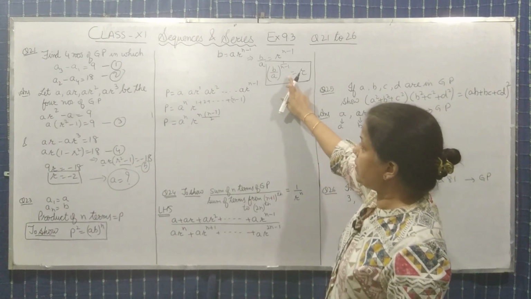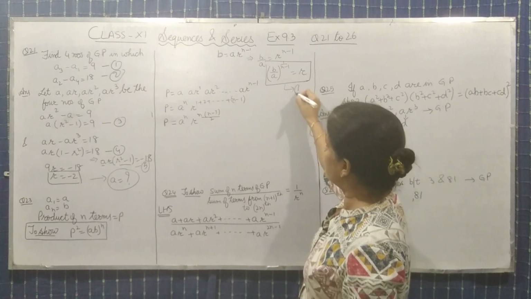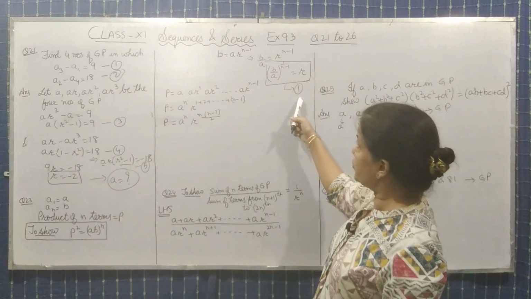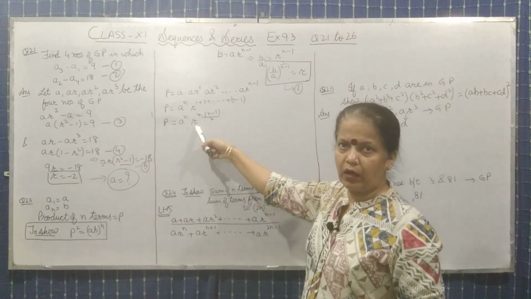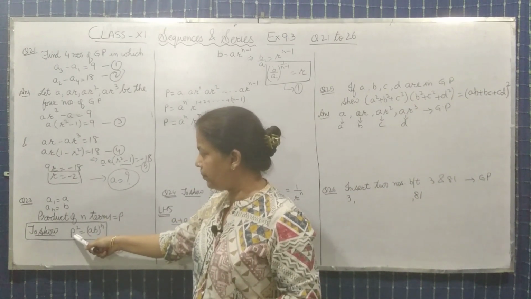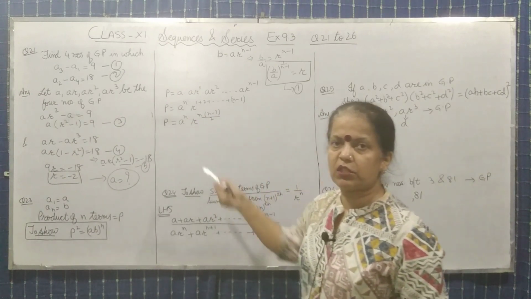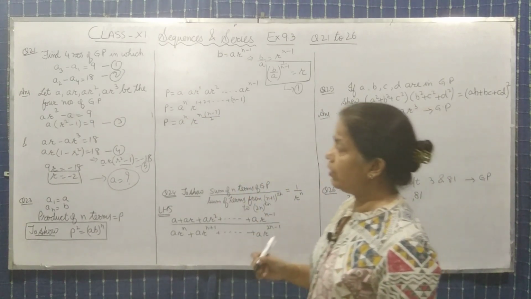Now this is your equation 1. From equation 1 you will put the value of R here. As in the question you have to take P and AB, you don't want this R, so instead of R you will put its value.